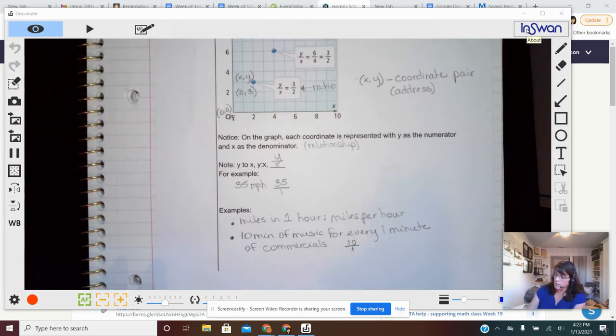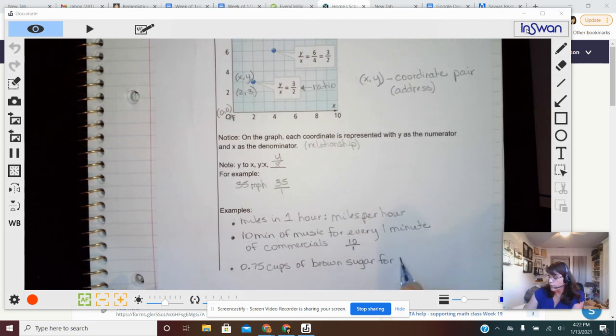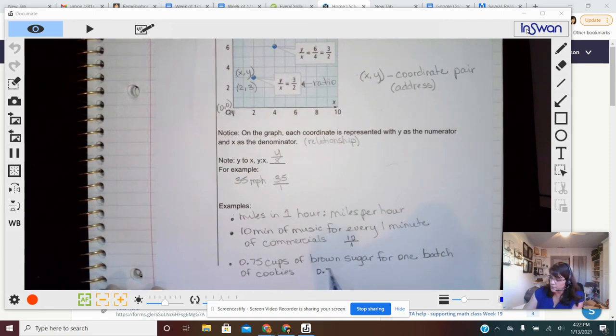They don't always get written in fractions. It could be something like, and this is kind of a weird one, 0.75 cups of brown sugar for 1 batch of cookies. 0.5 per 1.